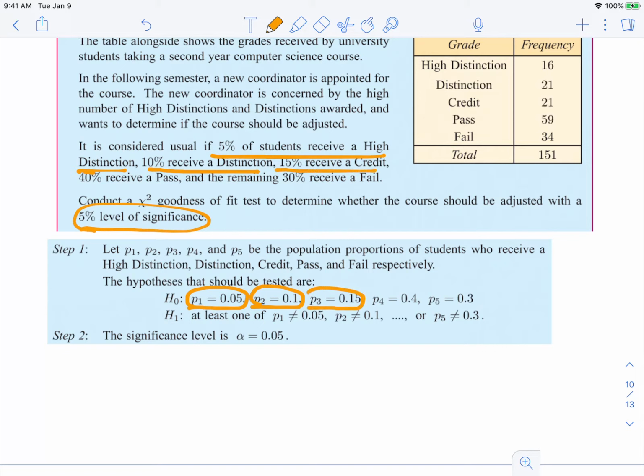Remember, we're writing those as decimals. And then 40%. And then 30%. So there are those 5 categories. The alternative hypothesis is that at least one of those does not equal 5%, 10%, etc. Step 2 is to identify the significance level. So the significance level as a decimal is 0.05.